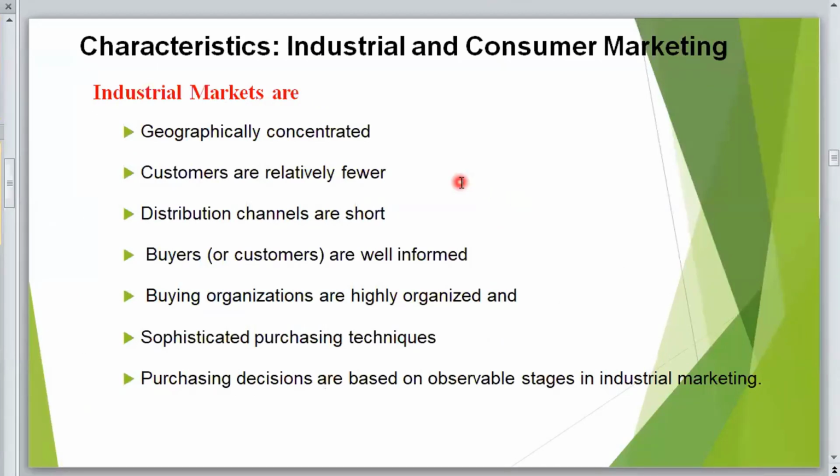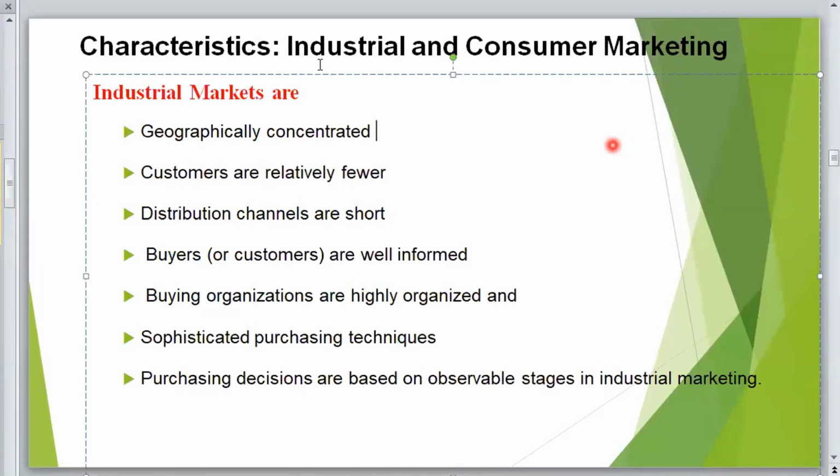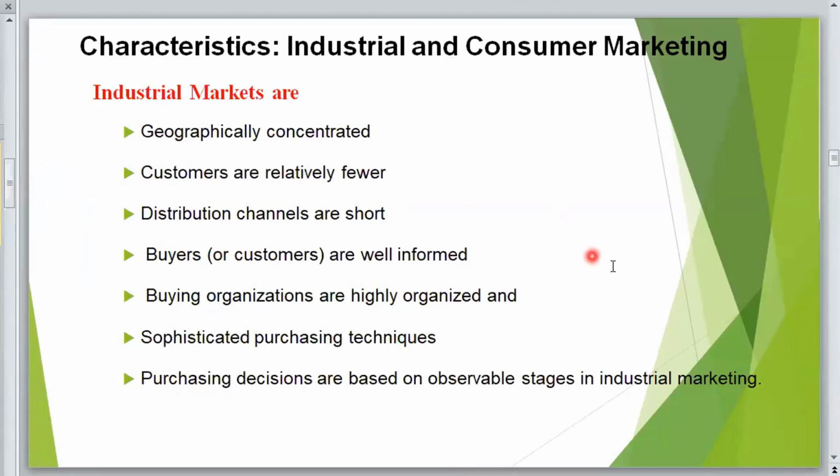ቀደም ብለን ዲስከስ ያደረግናቸው ናቸው፤ የኢንዱስትሪያል ማርኬት ከኮንሱመር ማርኬት የሚለይበት አንዱ መገለጫው ምንድነው? ጂኦግራፊካሊ ኮንሰንትሬትድ፤ ኮንሱመር ማርኬትስ ዲስፐርስድ ያለው ማለት ነው። So this is the characteristics of industrial market: geographically concentrated in large city.